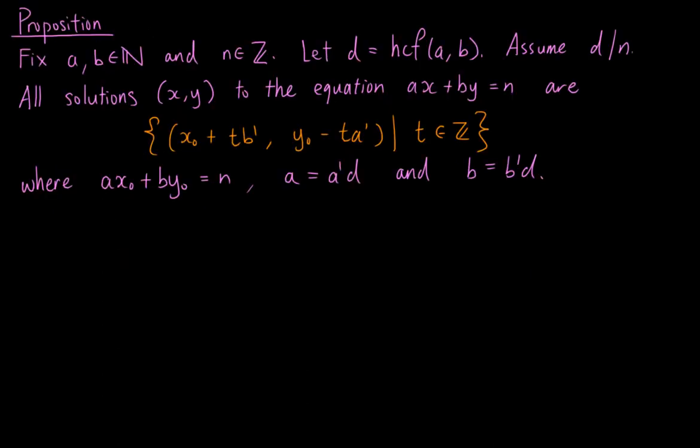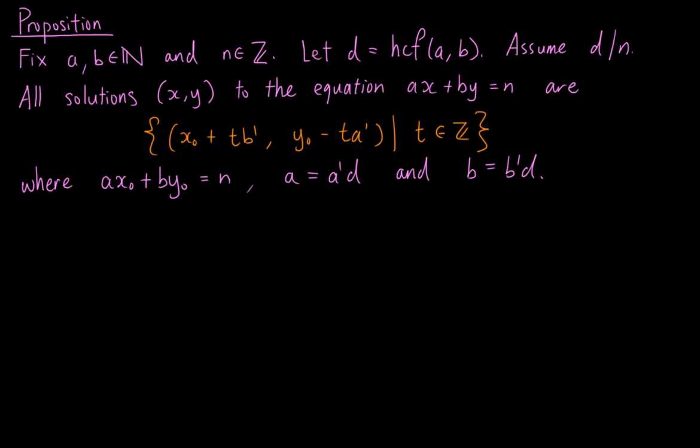Now we prove a result regarding the solutions to the equation ax plus by equals n. First, we fix positive integers a and b, and an integer n. Let d be the HCF of a and b. Assume that d divides n.